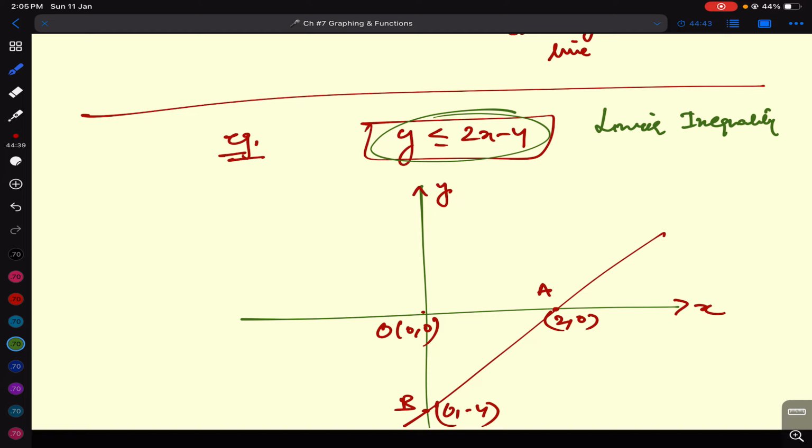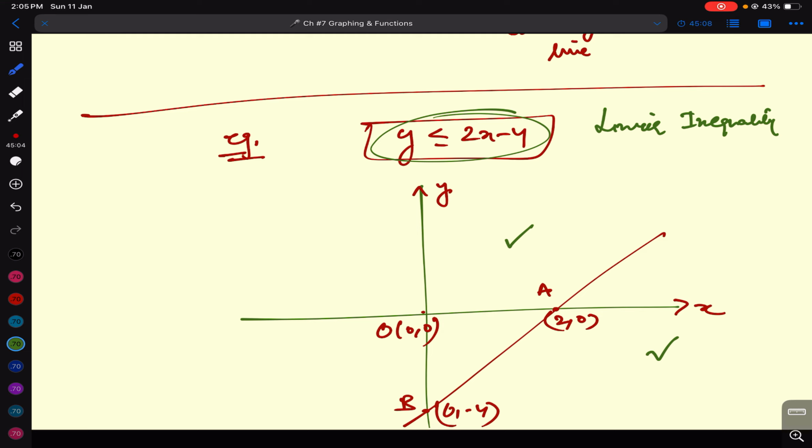That means all the y's which are less than or equal to 2x minus 4. Correct? Now, how do I decide whether it is this area or this area? Because we know that there is a boundary line, there are going to be only two areas, either left or right. How do we decide which one?